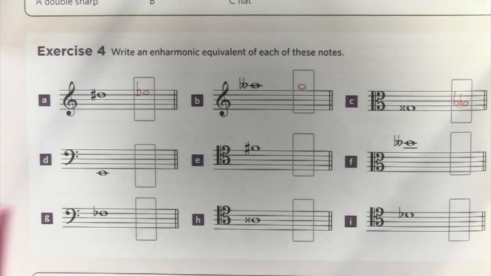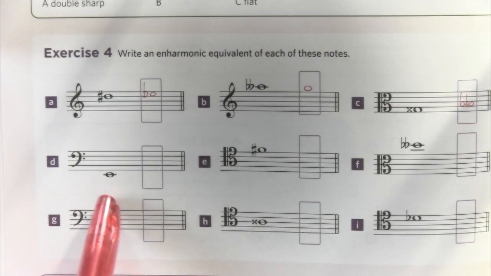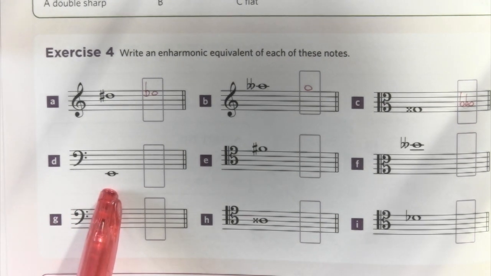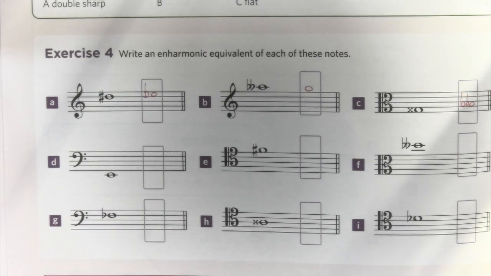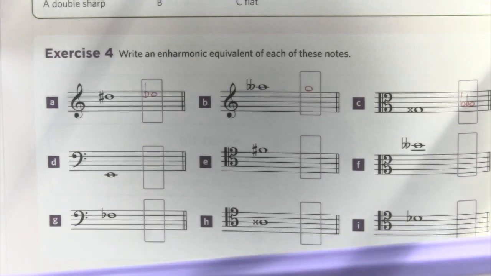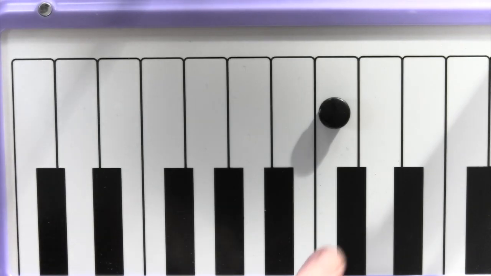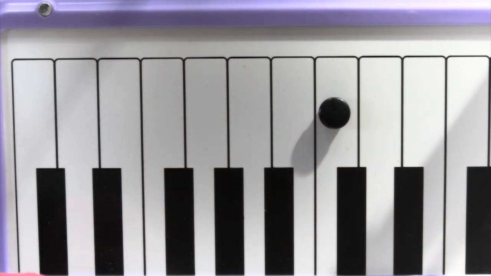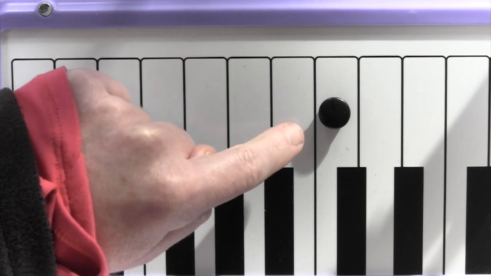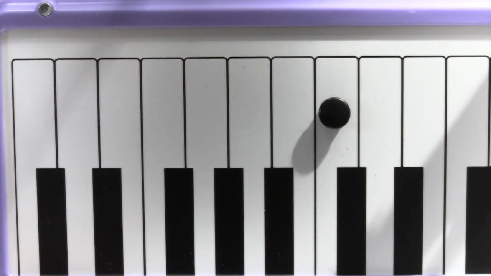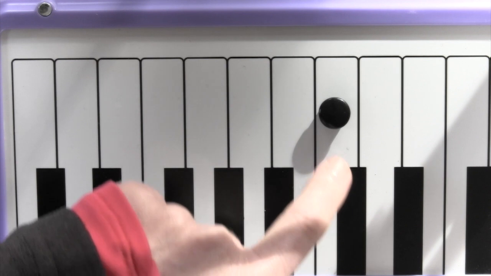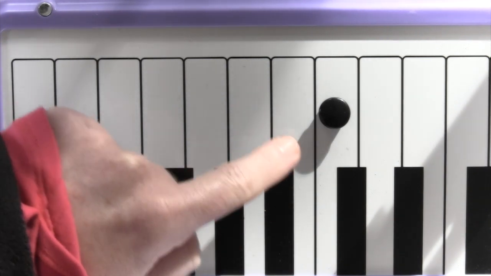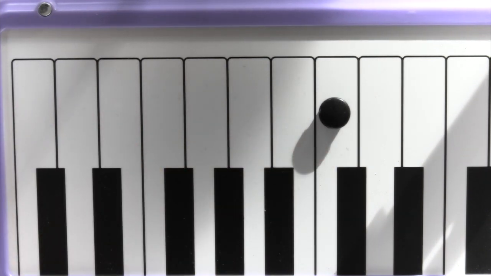Okay, D. This is Mi in bass clef, okay, E. And let's find it on our keyboard. Now Mi could be 2 steps above D, so Re double sharp or Fa flat. So D double sharp or F flat.